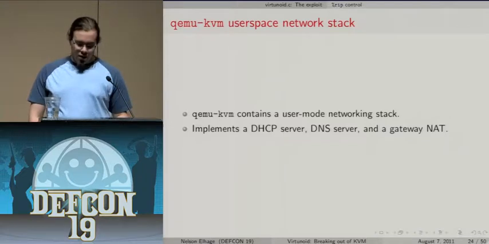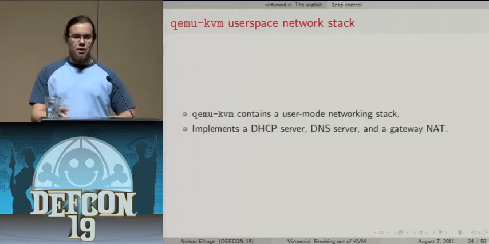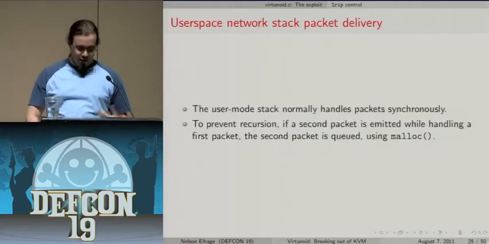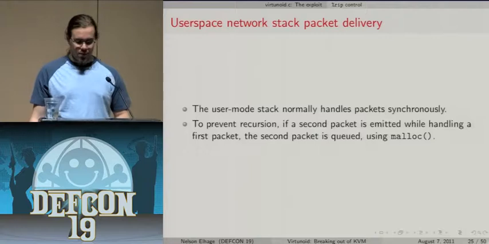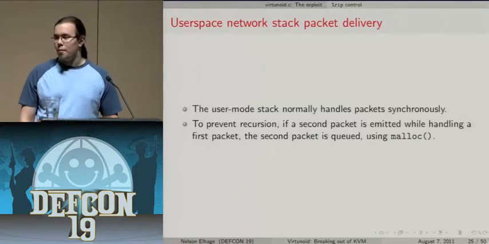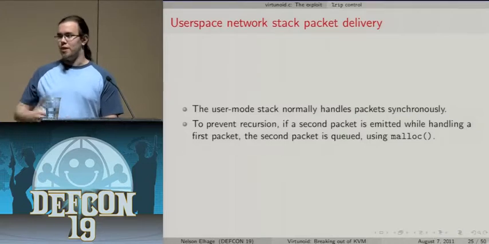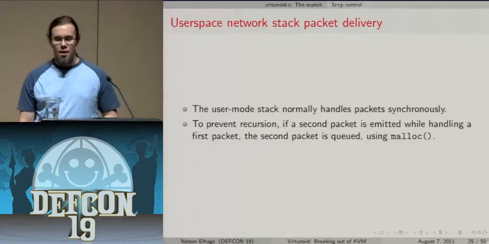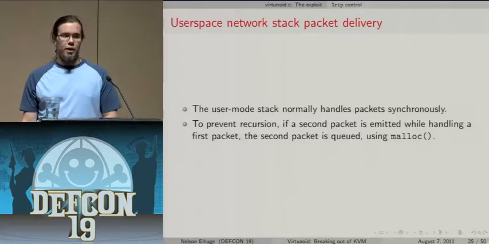So this virtual network stack emulates a DHCP server, a DNS server, and gateway NAT, all plugged into this virtual LAN. The way this virtual LAN handles packet delivery is that normally packets are handled synchronously. When you inject a packet onto the virtual LAN, it just looks up the recipient and calls their deliver packet callback method synchronously, so there's no buffering, no queuing.